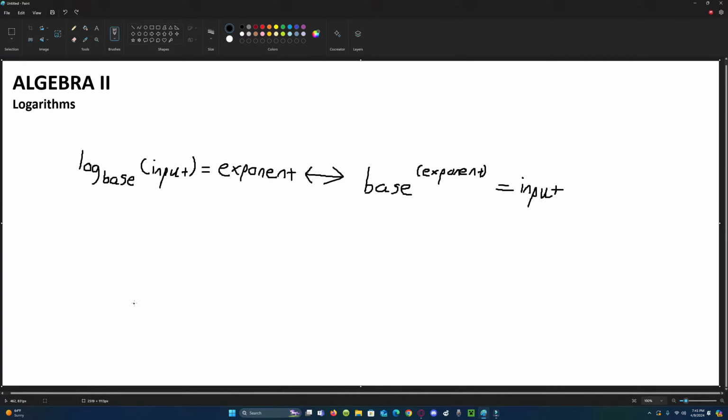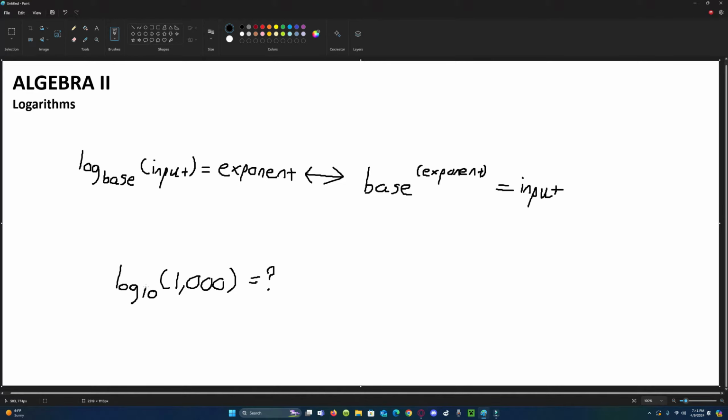So, first of all, let's say that you get an equation like this. Now, you'll notice that this doesn't have anything. There's just nothing there. And in the case when there's nothing there, we automatically assume that it's a 10. And you'll see this in your calculators, because all the calculators are automatically programmed to base 10.